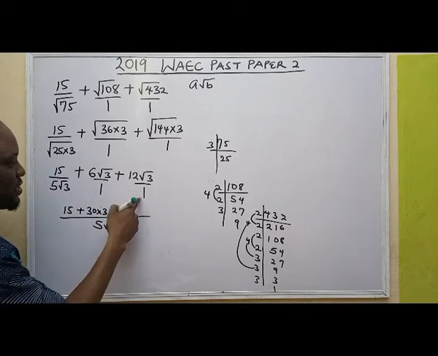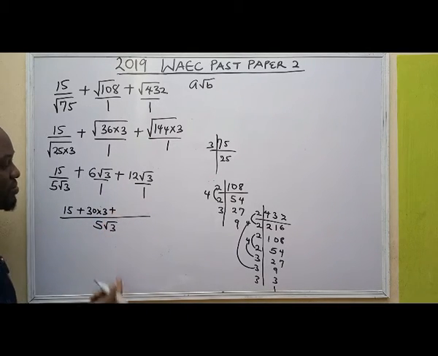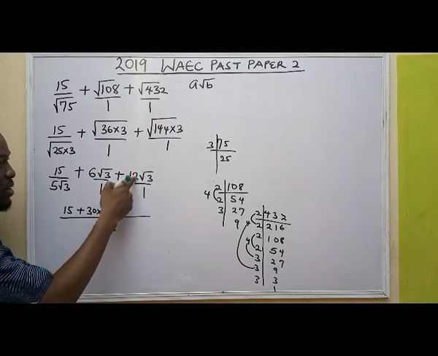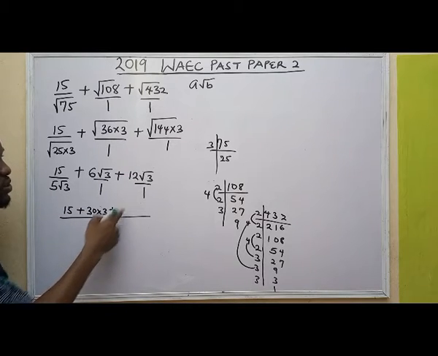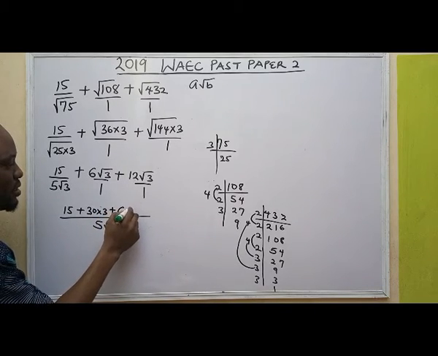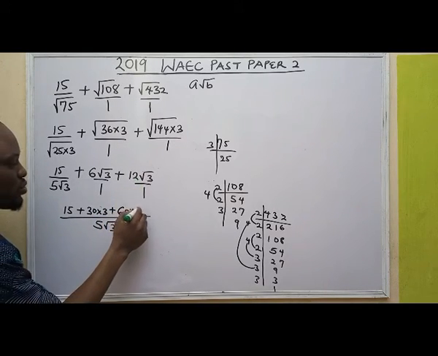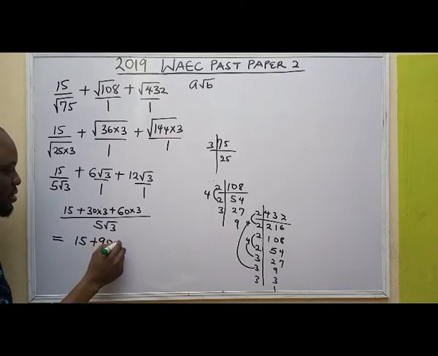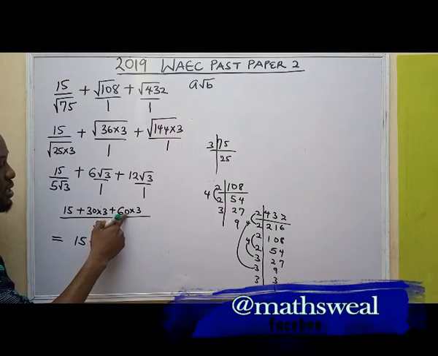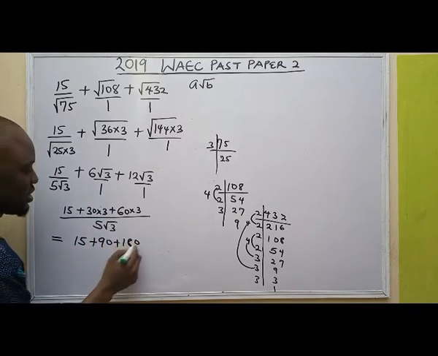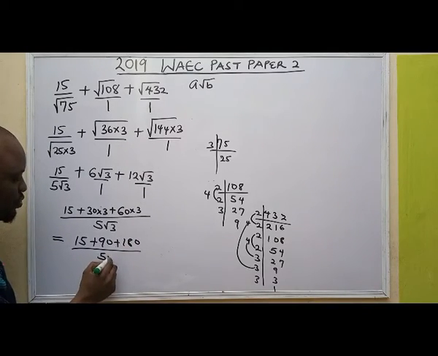Plus, the same thing here: 5 root 3 times 12 root 3. 12 times 5 is 60, times root 3 times root 3 gives me 3. So I have 15 plus 30 times 3, which gives me 90, plus 60 times 3, which gives me 180, over 5 root 3.